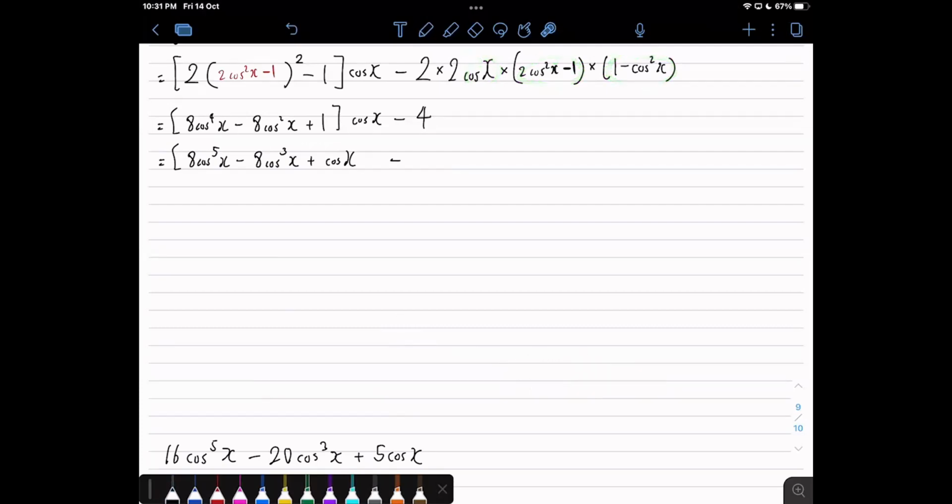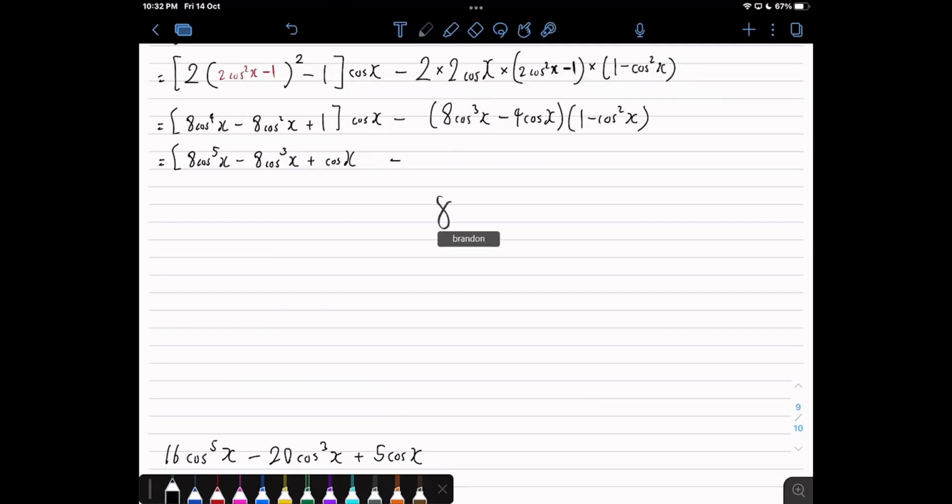Okay, then I'll just carry on. So now 2 times 2 is 4. Cosine x, I'll times in, end up with 2 cosine cube x minus cosine x, then times 1 minus cos square x. Then you multiply in the 4 first before I continue. So 2 times 4 is 8, minus cos x becomes minus 4 cos x.